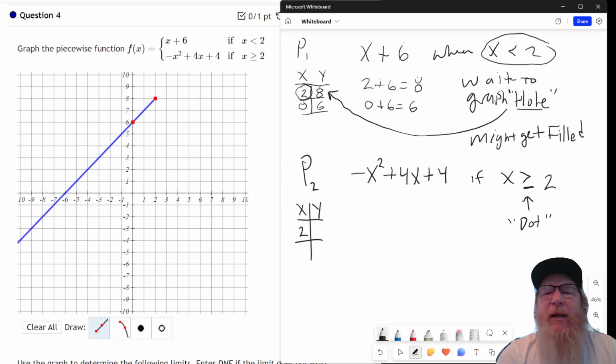So we'll go ahead and plug in 2 here. X equals 2. We get negative, negative stays outside the parentheses, 2 squared plus 4 times 2 plus 4. Which is negative 4 plus 8 plus 4, which is 8.